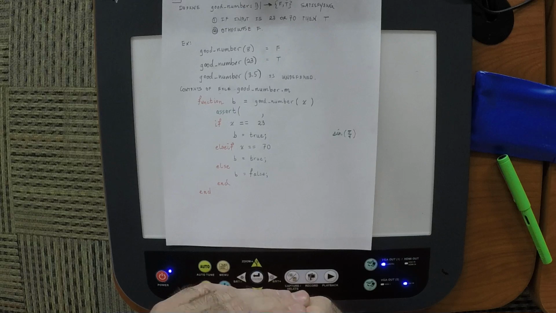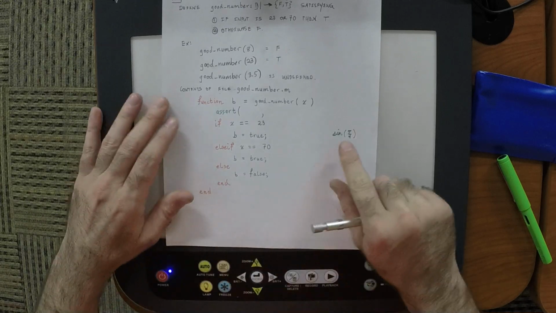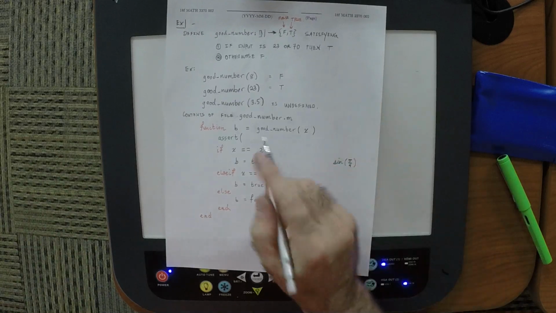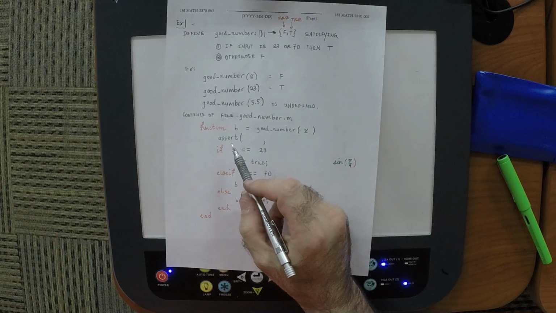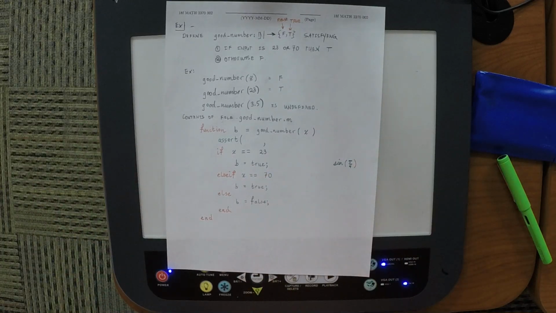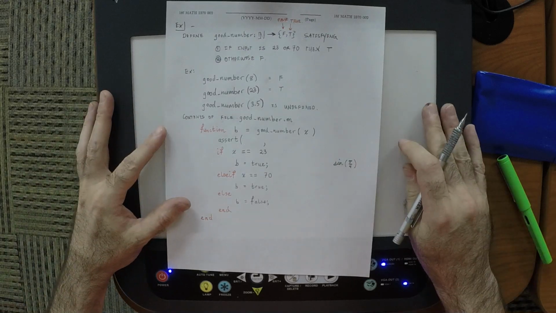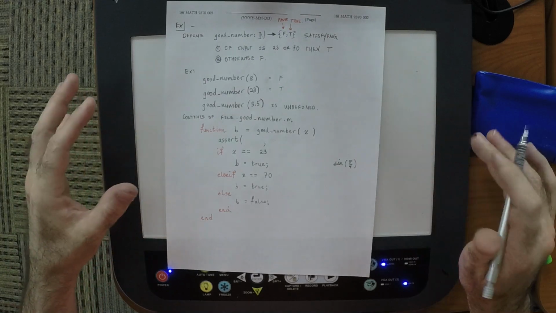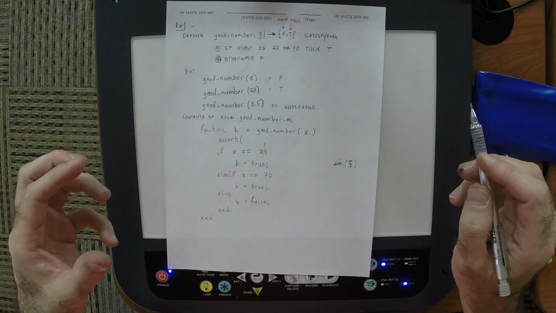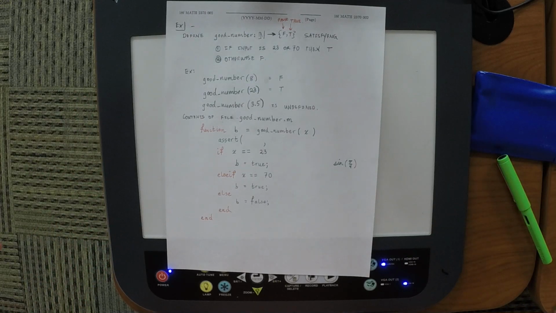So what needs to be true about the input? It has to be natural. Assert is a built-in function, so you don't have to write it. But MATLAB does not have a function that checks whether or not something is natural. That's one of the things you have to write. Its name is is in.